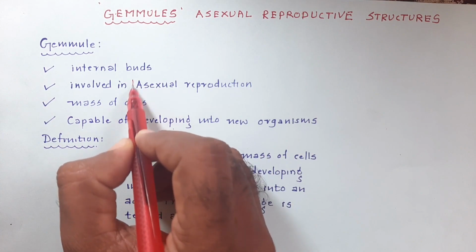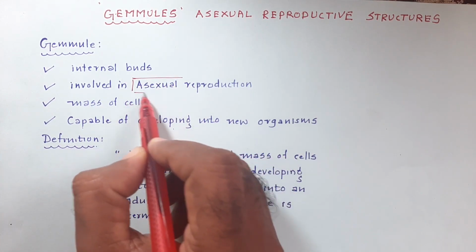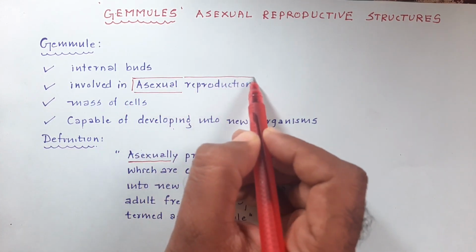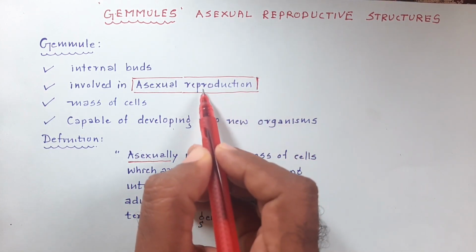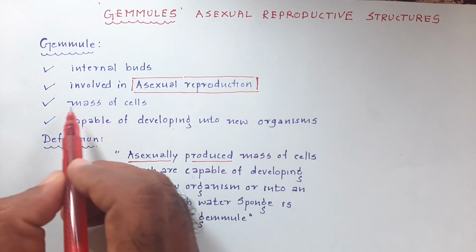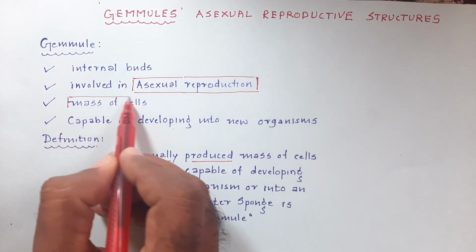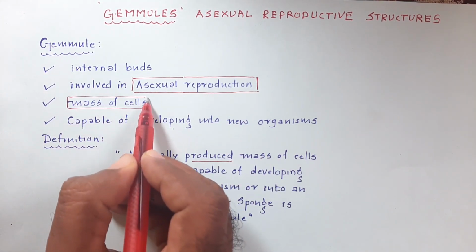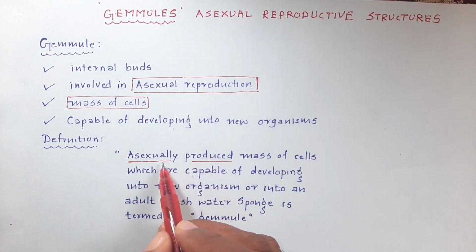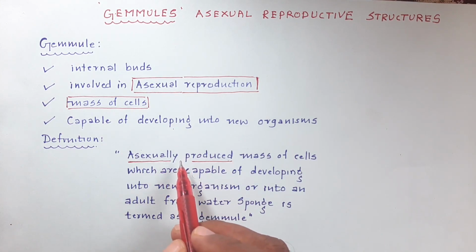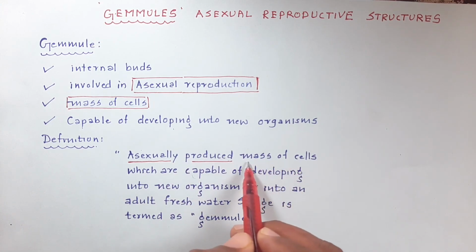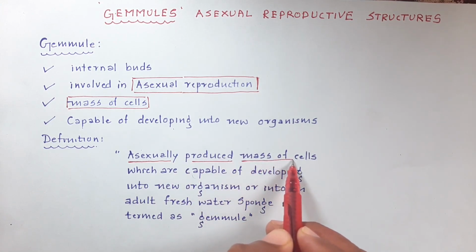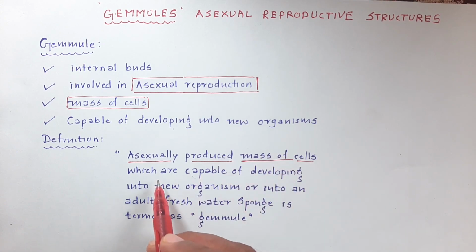See here, asexual reproduction. These are asexual reproductive structures. This point is important. Then mass of cells. Remember the mass of cells, and hence these are not only asexually reproductive structures, these are also mass of cells.